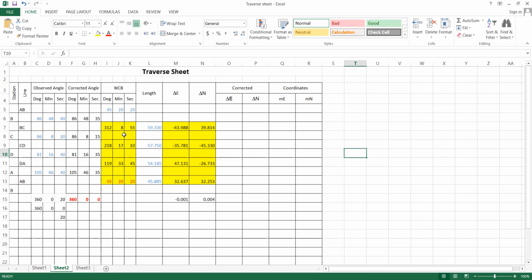Third one, 119, passing 90. So you are moving towards a southeast direction. You have passed the east direction, 90 is east, so passing east by another 29 degrees and something. So E should be positive and N should be negative, correct? And 45, that is a small angle, so they are both positive.